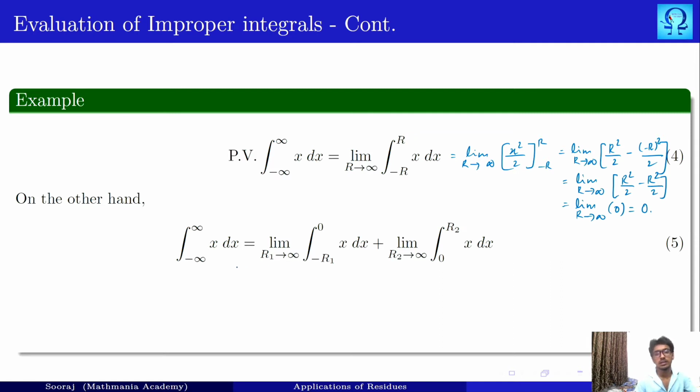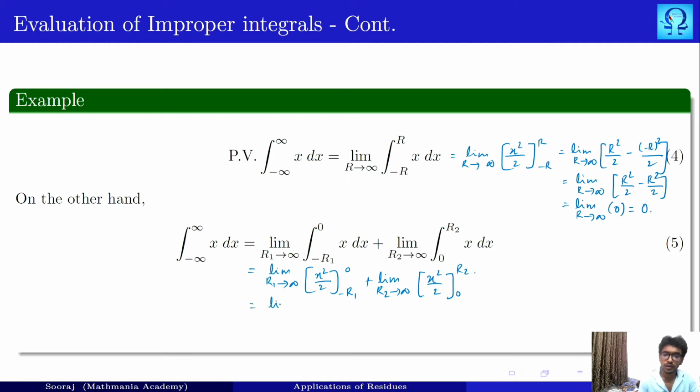Now let us check whether the integral converges or not. This integral can be split into this form. Now when we integrate, we have limit r1 approaches infinity, x squared upon 2 from minus r1 to 0, plus limit r2 approaches infinity, x squared upon 2 from 0 to r2.